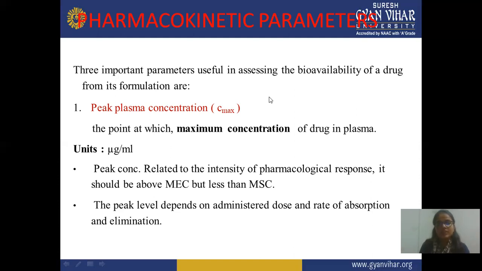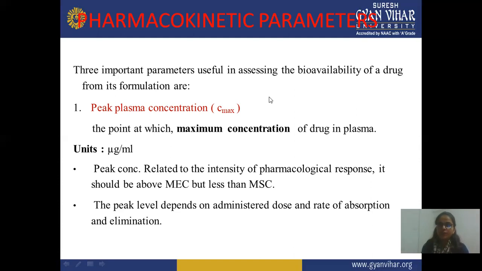Next, peak concentration is related to the intensity of the pharmacological response. It shows the intensity of the drug or formulation in producing the desired pharmacological effect. It should be above the MEC, the minimum effective concentration, but less than the MSC, the maximum safe concentration.